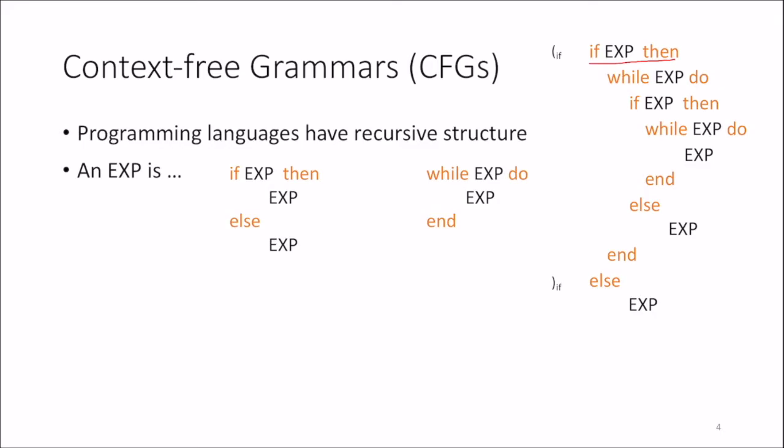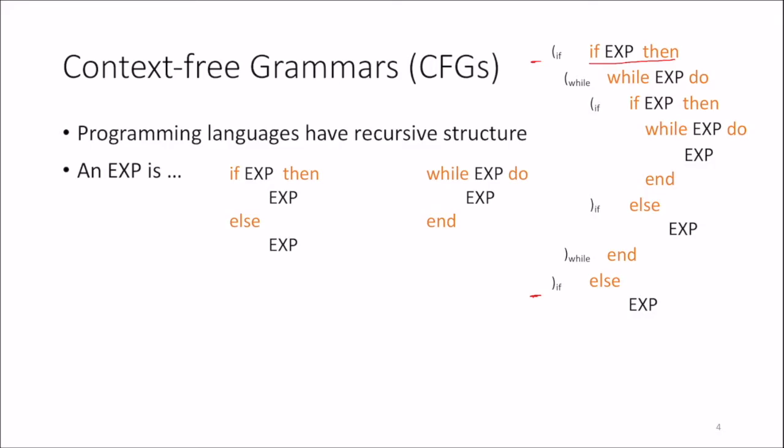Here's an open parenthesis for the if, which should match the closing of the else statement that matches that if. Just to abstract away from the complications of programming language syntax, I'm just going to use an open parenthesis and a close parenthesis. Similarly, I can have an open parenthesis to represent the start of the while and a close parenthesis to represent the end of the while.